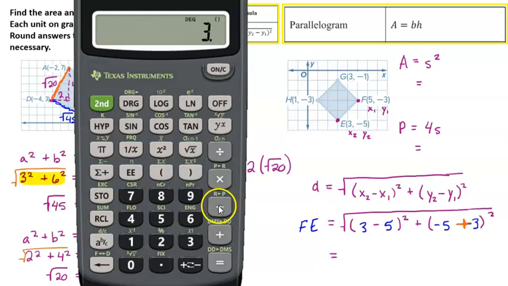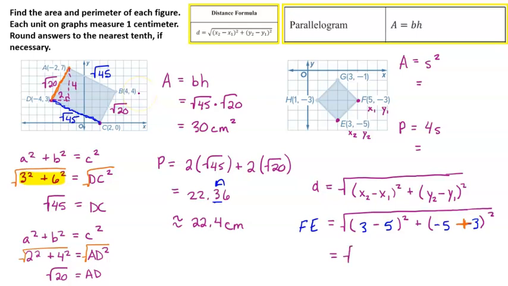Parentheses 3 minus 5 close parentheses squared plus open parentheses 5, then we're going to make it negative using this plus to minus button, plus 3 close parentheses squared, and then equals, and we get 8. And so that's just what's underneath the square root, so don't forget our square root is still there. So one of our sides is the square root of 8.